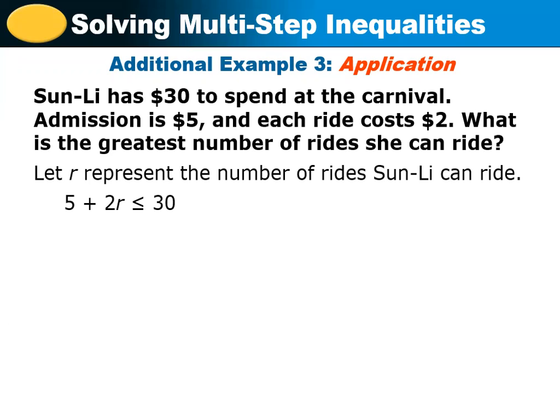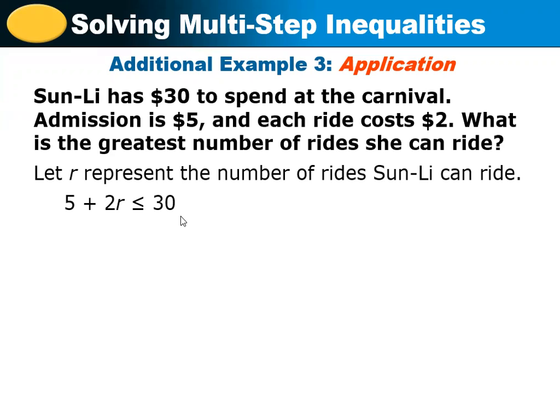Then her budget to spend at the carnival is $30. Admission is $5, so this is the basic: you have to pay $5, and each ride costs $2. So we put a variable for each time she rides, $2. For this reason, we wrote 2R plus 5 less than or equal to 30.